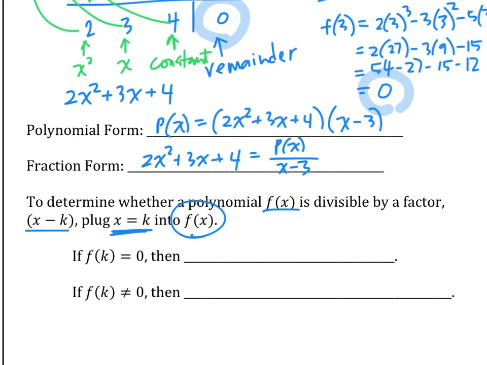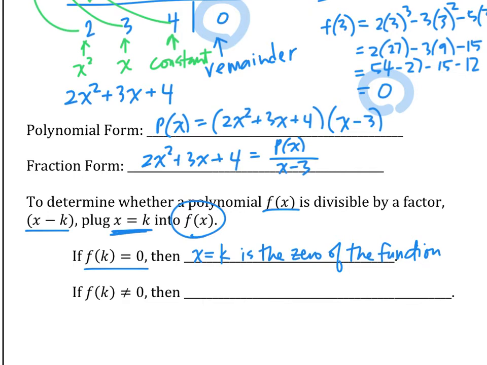Well, because if you plug it in and you get a 0, that means x equals k is the 0 of the function. What does the 0 of the function mean? That means it divided evenly into the function, meaning this is the number that's going to show up on the x-axis. This is the x-intercept. This is the solution. This is, what other way do we call this?